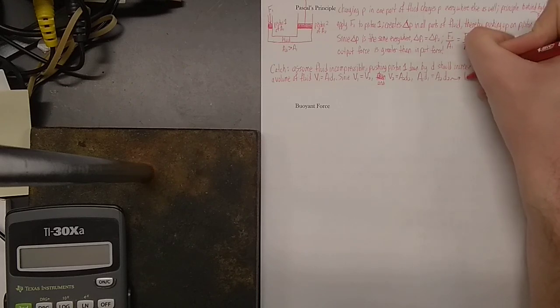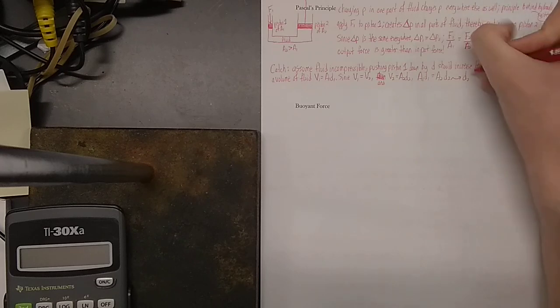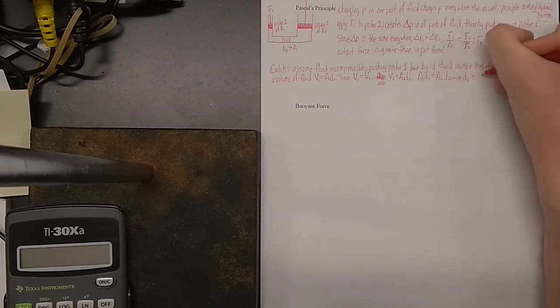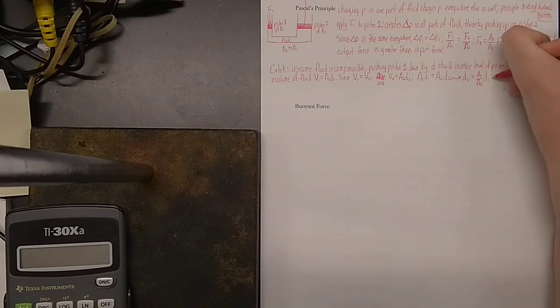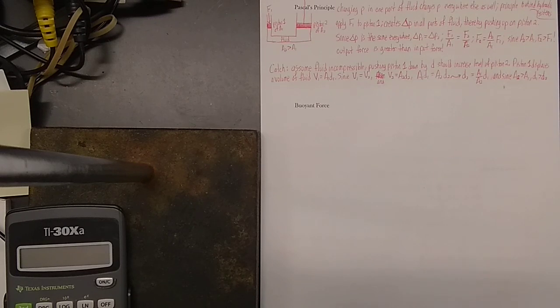If we solve for the distance that the second piston moves when we push piston 1 down, we end up with D2 equals A1 over A2 times D1. And since A2 is greater than A1, that means that D1 is greater than D2. So here's the drawback.